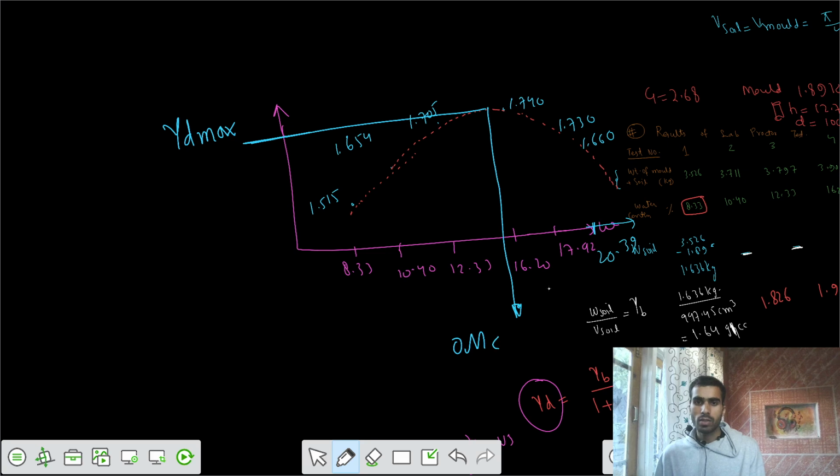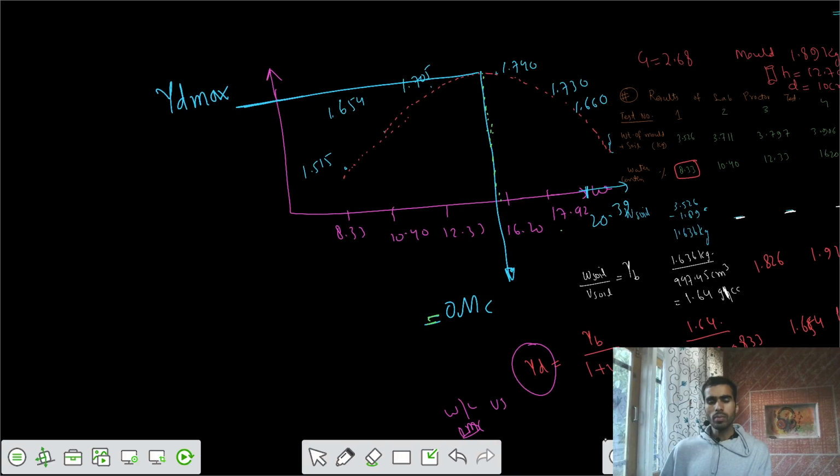We need to calculate that optimum moisture content, which can be found from the exact drawing of those plots, the exact position of the points and the exact curve.